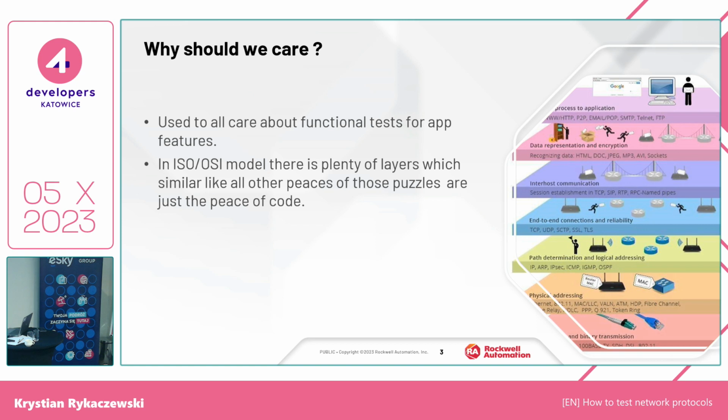But there is the ISO-OSI model, as you can see on the right side. And there are plenty of layers, 7. And every single layer is also code, which parses data from the input. And we have to think about this. Of course, not always it is important. Nevertheless, there are issues, like in any other code which is written.